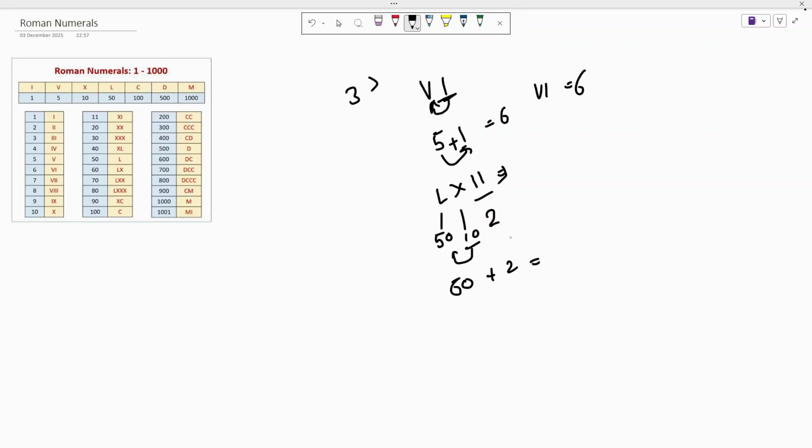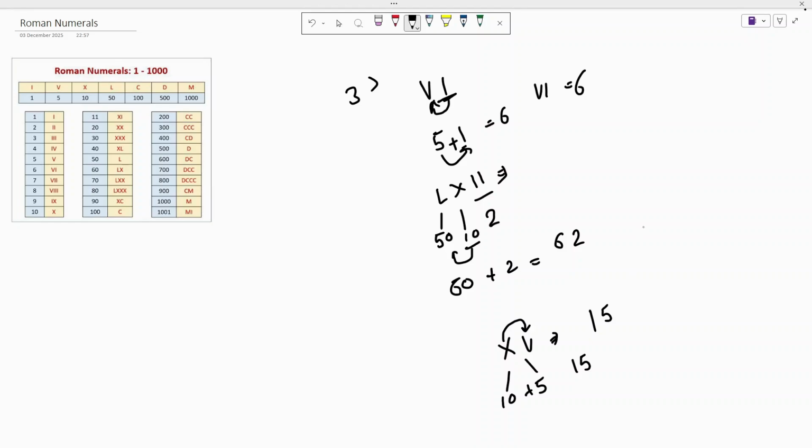LXII becomes 62. Next, XV. X is for 10, V is for 5, and this smaller number is coming to the right side of the X. So we add 10 plus 5, which becomes 15. So XV is for 15. That is how we find the value.